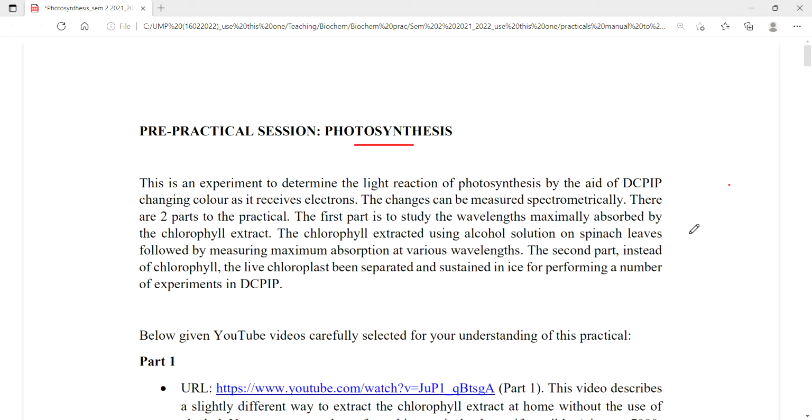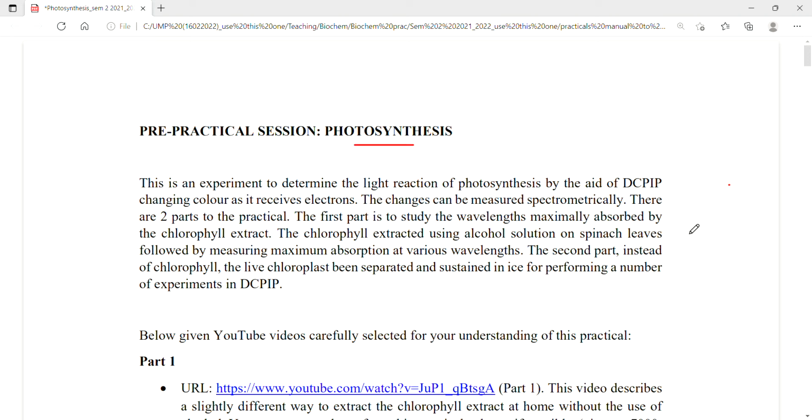And once the chloroplast, which is a living organelle, is extracted, we leave it in ice throughout the experiment and use it bit by bit to study its reaction rate, for instance determining whether light is important in one of the experiments, and also the uncoupler, another chemical, gramicidin, as well as DCMU, in terms of their contribution to the reaction rate.